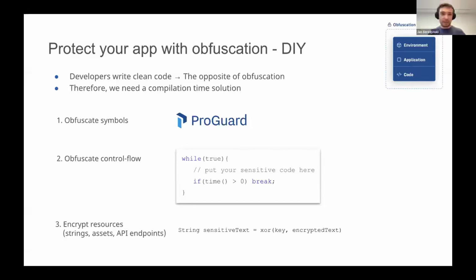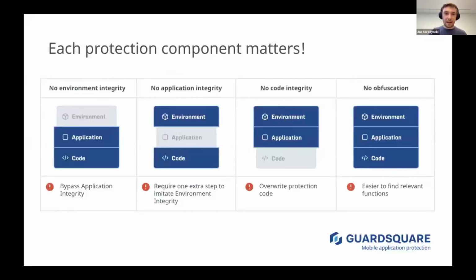Cool. So basically, for obfuscation, developers should write clean code, which is the opposite of obfuscation. The compilation-time solution would be the best one. I'm not going to talk about those ways here. I'll leave you the slides so we can take it from there.